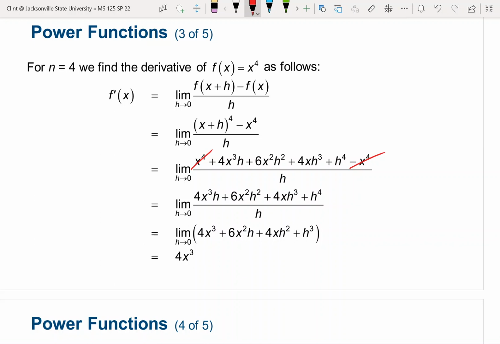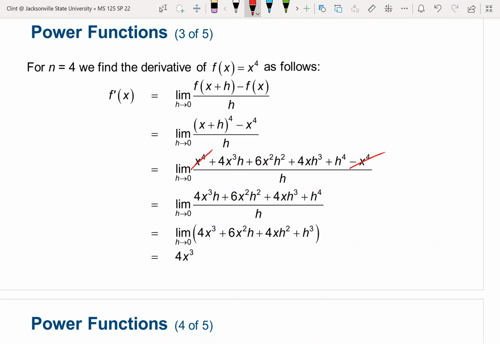We're trying to find that limit. We would factor out an h. Factor out an h, that's what they do on the next line. So from here to here, we've lost a factor of h. Okay, so we get rid of the 0 in the bottom, and then we would plug in 0 for h.